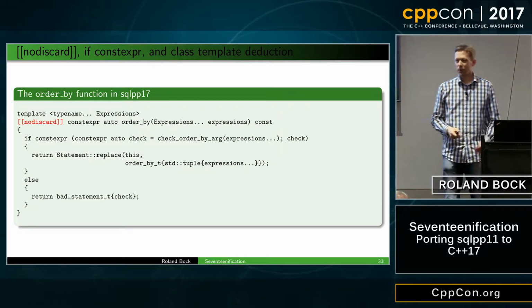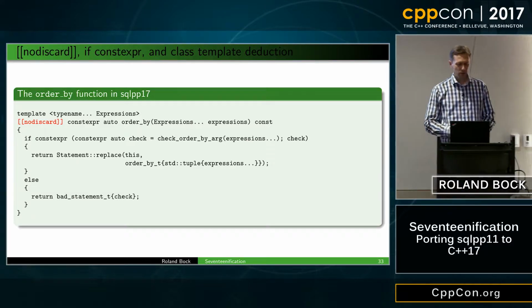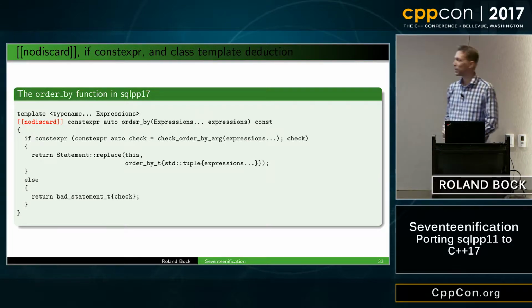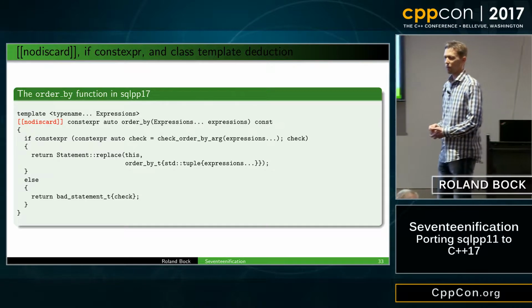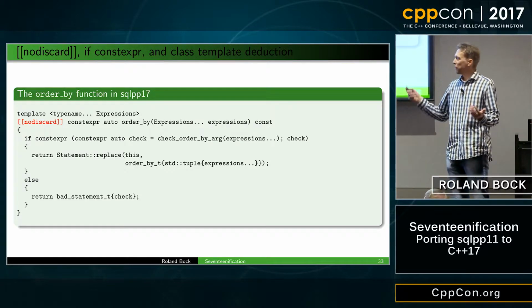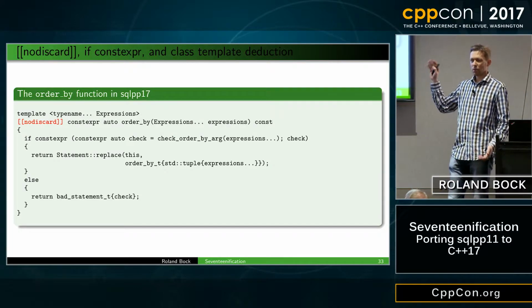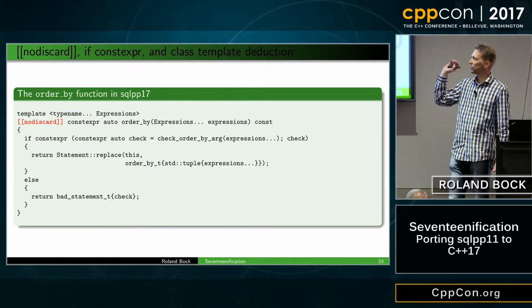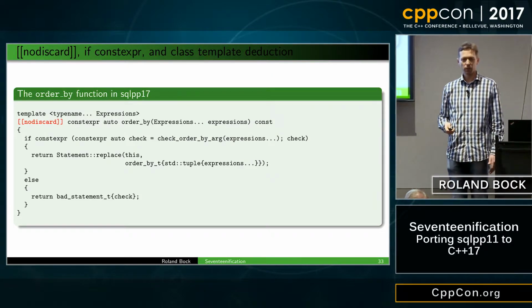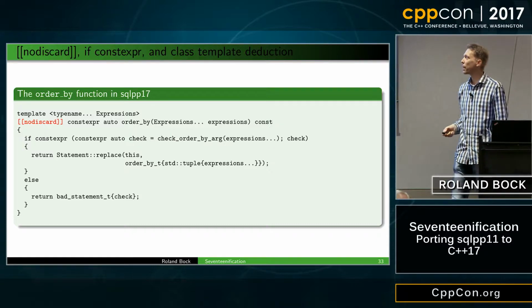But there is a new keyword, or a new attribute, for functions. You can say nodiscard, and that's an indicator that you don't want anybody to accidentally discard the return value of this function, right?